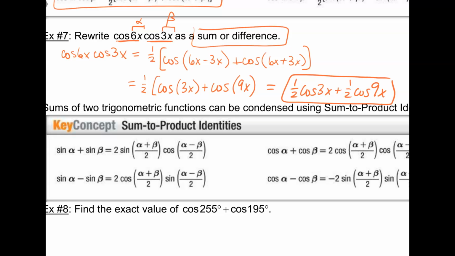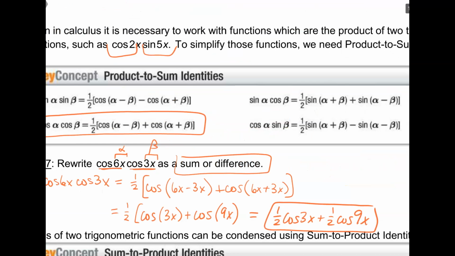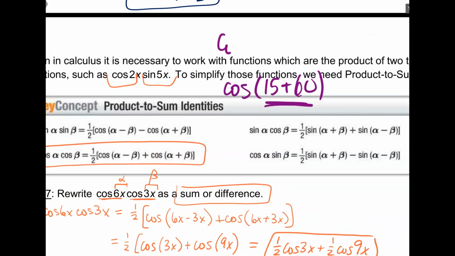So if you have a problem that says, what is cosine of 15 plus 60, then you're adding two angles together, versus taking cosine 15 times cosine 60, where you're multiplying the two trig functions versus adding the angles.